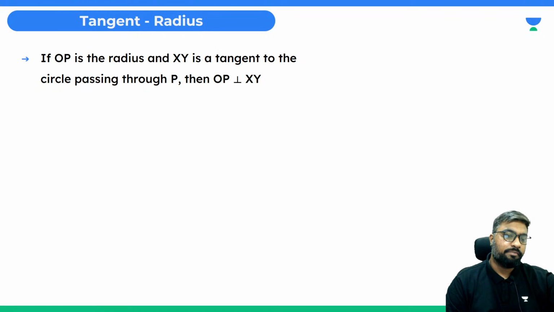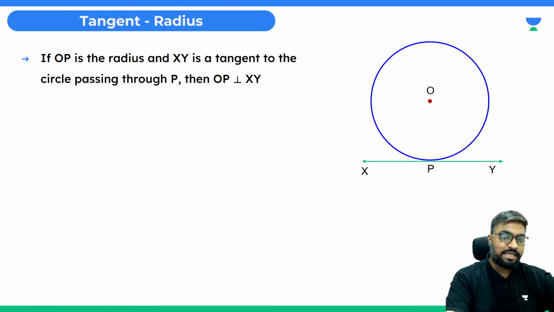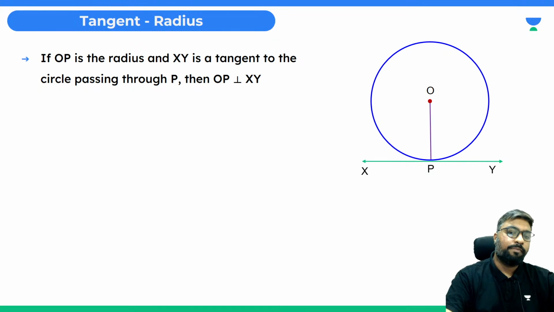Let's talk about some properties. First, tangent and radius. If you have a circle and a line that is tangential to the circle, say XY is tangential to the circle with center O, then the radius OP is going to be perpendicular to the tangent.